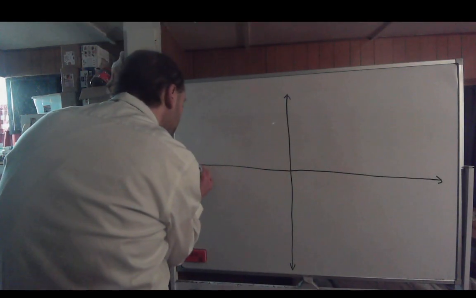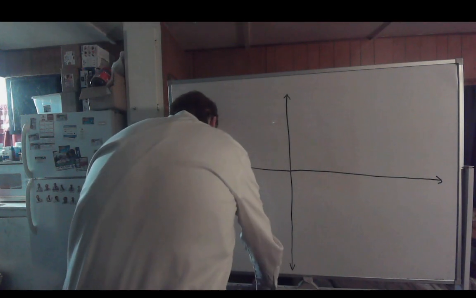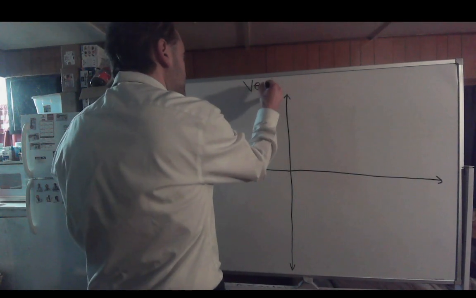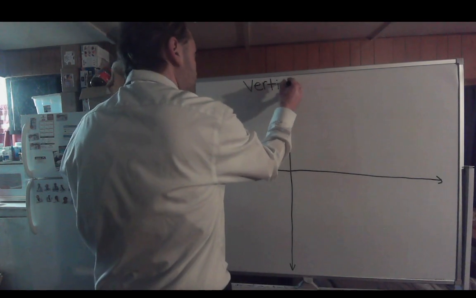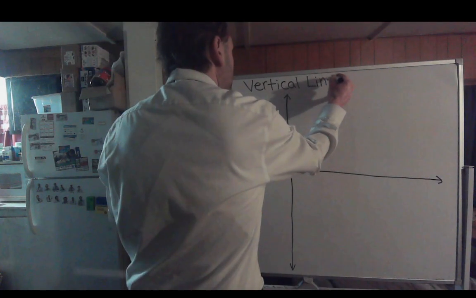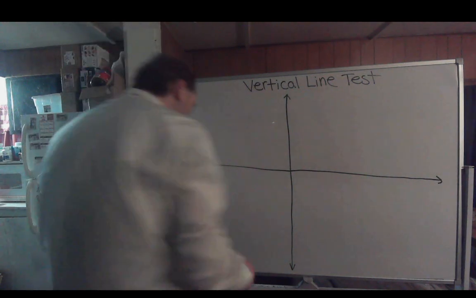At this moment, I'm not going to worry about numbers and labeling, but we are going to do here what is called the vertical line test, which a lot of you may be familiar with. I'm sure you are. If you've been with me since pre-algebra or have taken previous courses, you will probably already know the vertical line test, but I'm going to go over it again anyway.